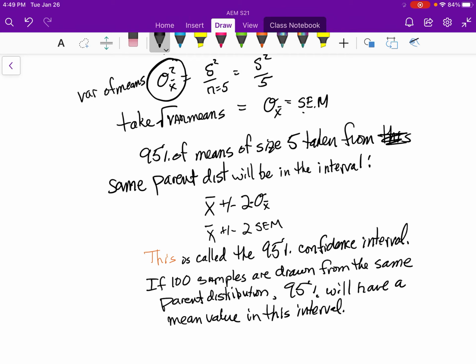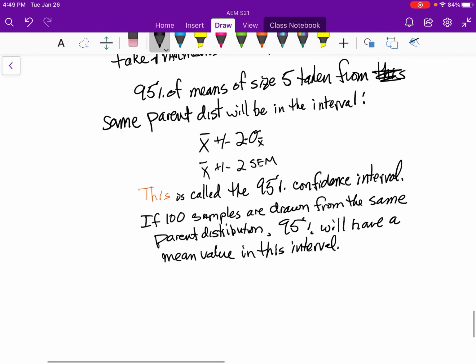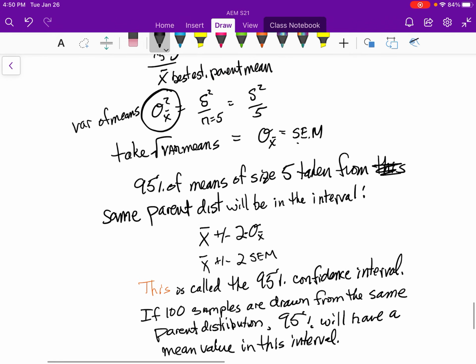Quite literally, 95% of the time, means of same size, n equals 5, taken from this same parent distribution, will have a mean value in this interval, okay? And that interval is the mean plus or minus 2 standard errors of the mean.